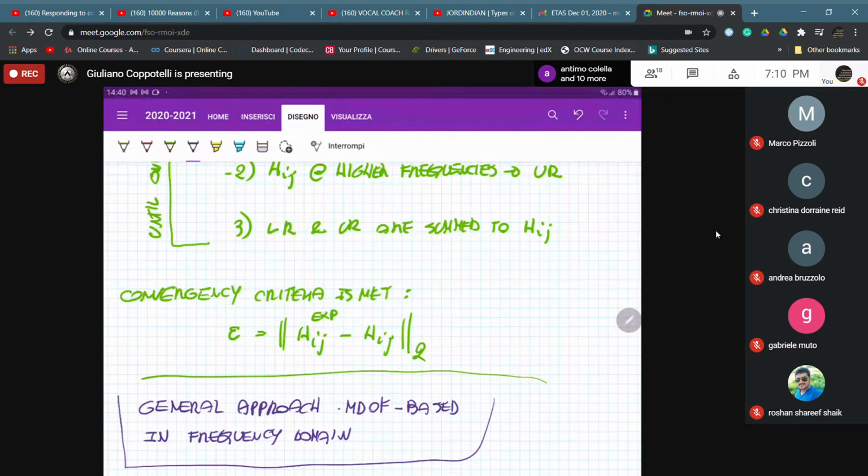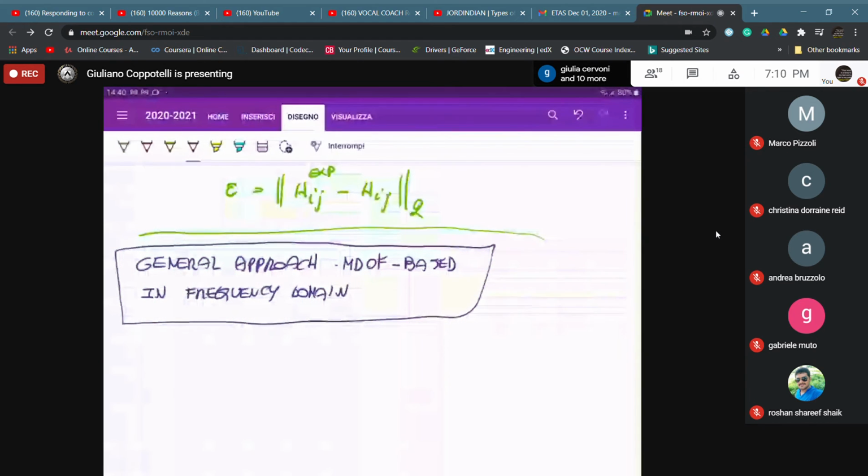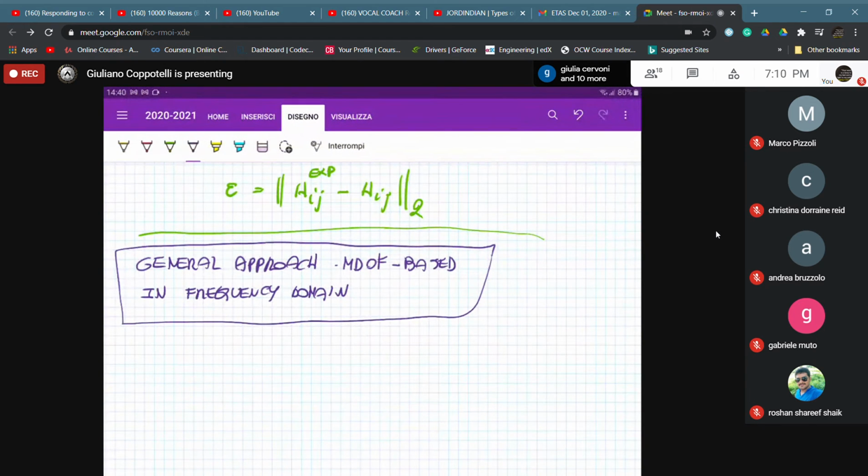Please note that there are many possibilities of implementing this general approach, and all these possibilities are proprietary with respect to the software houses that are operating in modal analysis. So what I'm giving you now is just the general approach.